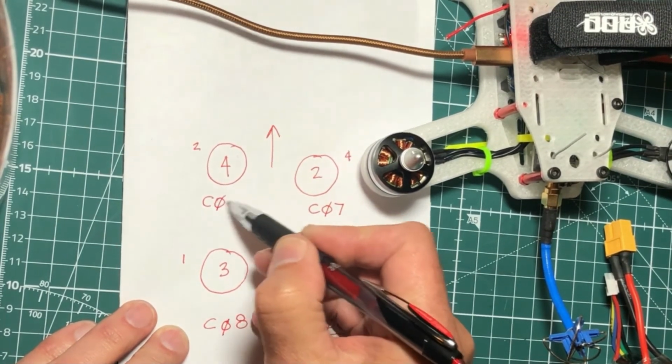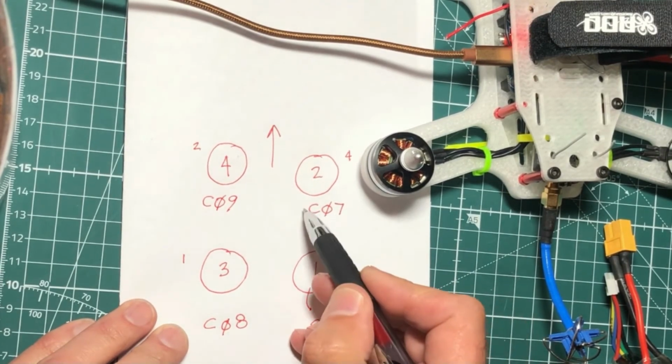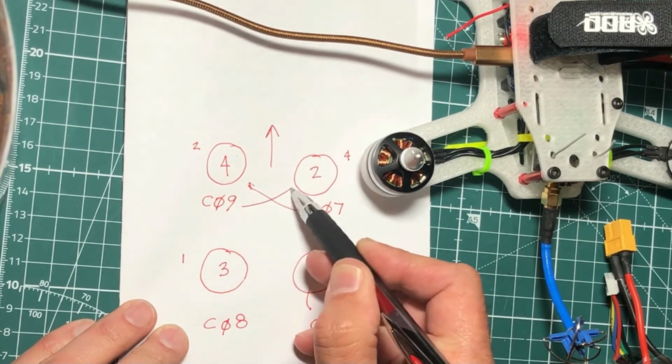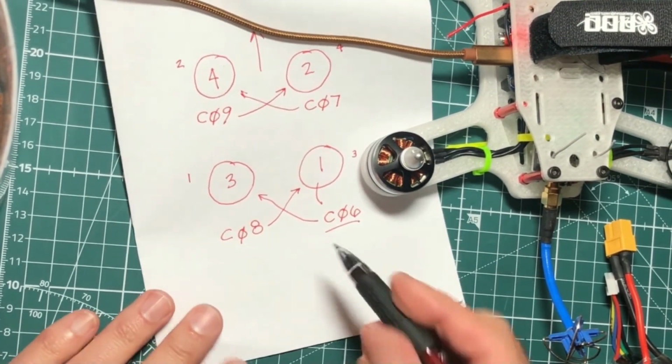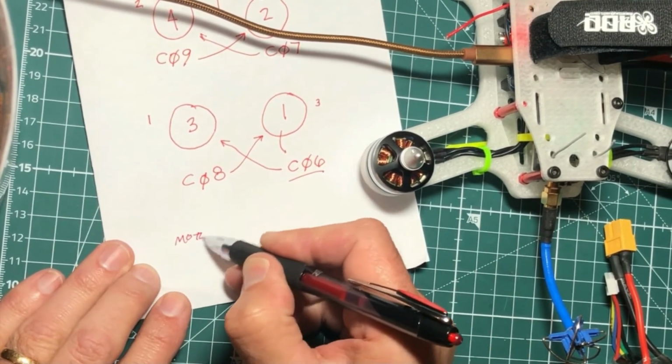And C09 is motor 4. So I know that motor 2 needs to be over at motor 4, motor 4 needs to be at motor 2, motor 1 needs to be at motor 3, and motor 3 needs to be at motor 1. So I'm just going to write this out so I know what I'm supposed to be doing here.